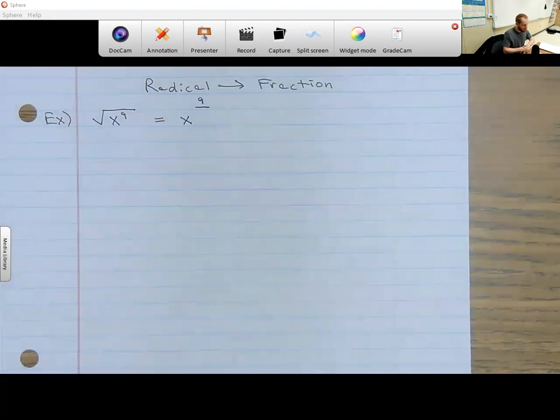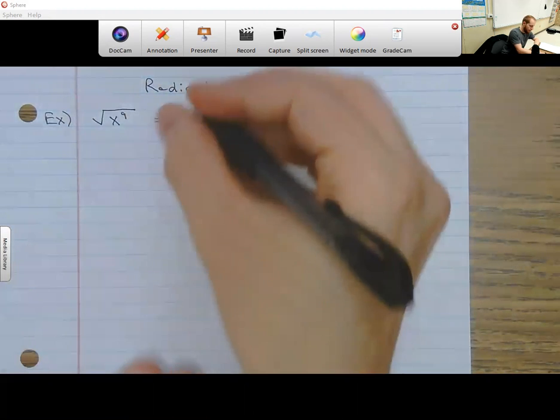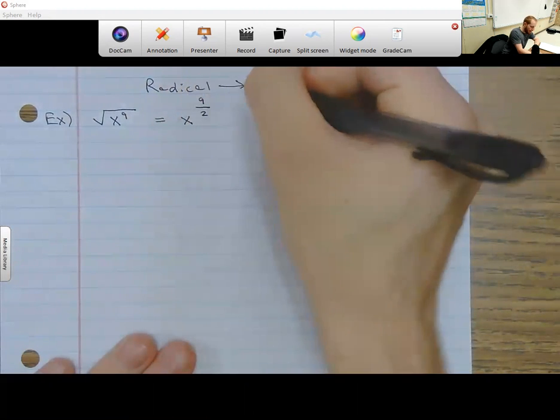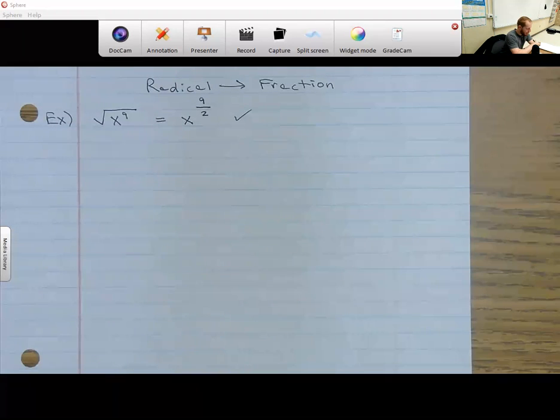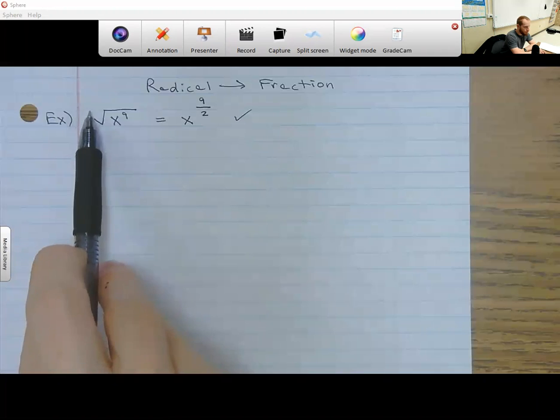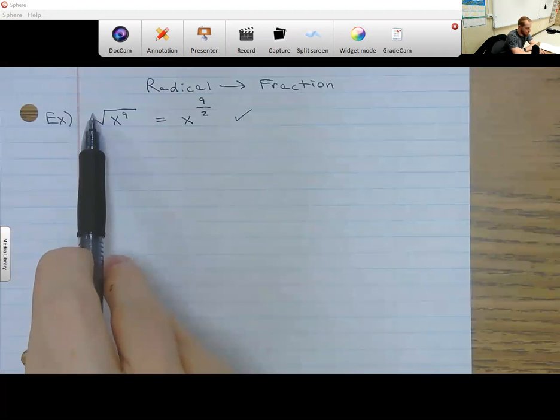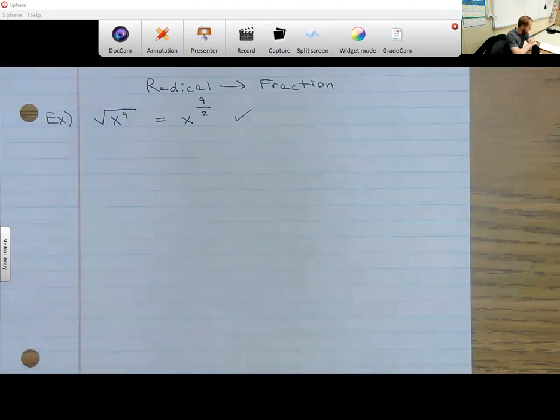And what's going to be in the denominator, the bottom? It's going to be the 2, right? So 9 over 2. That's my first one. Notice that we don't have an index out here. There's no number on the outside. So it's assumed to be a 2 on the outside. So we assume this to be a square root if there's no index.